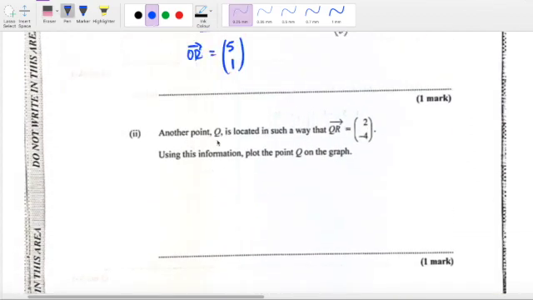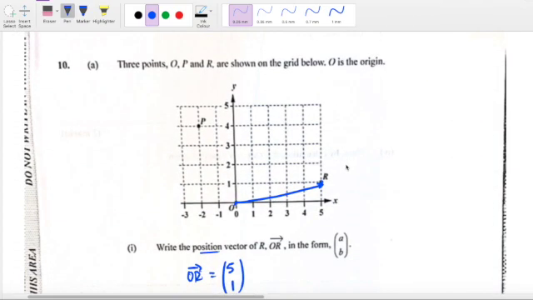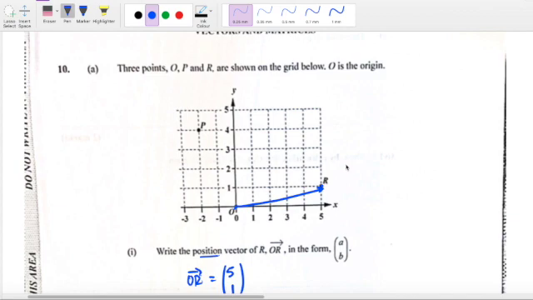Alright, so another point Q is located in such a way that QR is 2, -4. Use this information to plot the point Q on the graph. So QR is 2, -4. What does that mean?